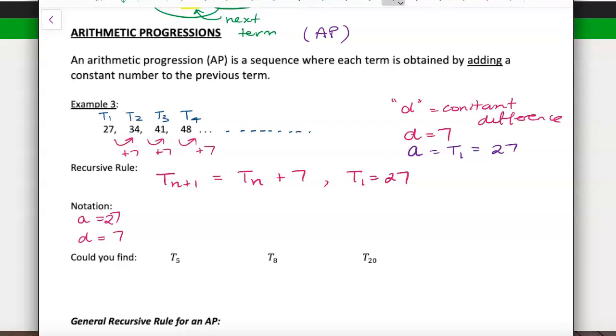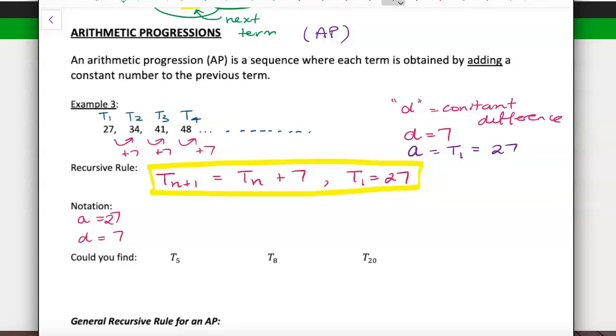So now that we've identified the pattern in our arithmetic progression, adding on 7 as that constant difference, we've got our lovely recursive rule which says, how can I use the previous term to get the next term to show that recurring nature?